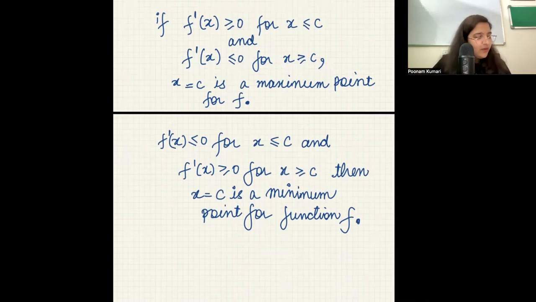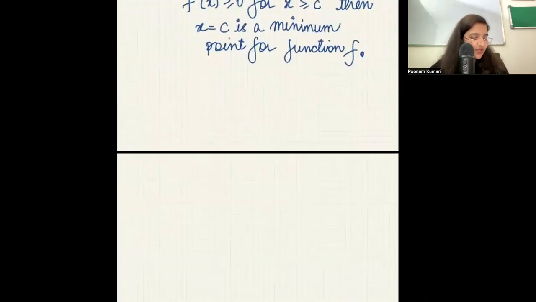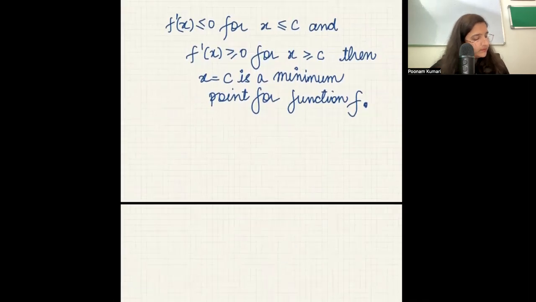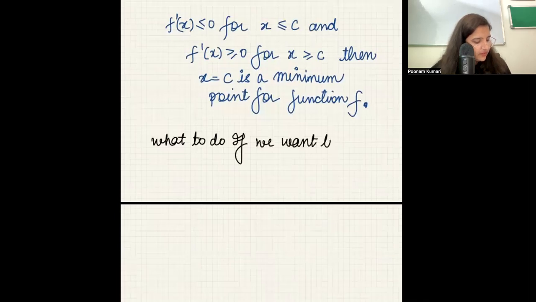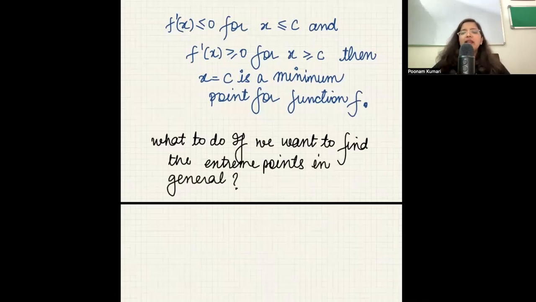The main question that I have is what to do if we want to find the extreme points in general. What if I want to find the extreme points in general?